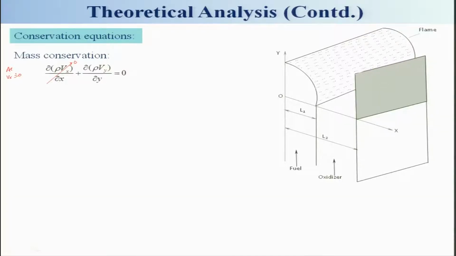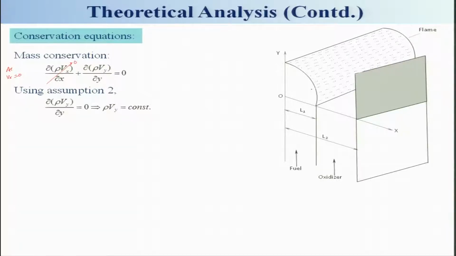With assumption 2 that you have done, if we integrate, ρVy is constant. That means Vy and the density will remain constant throughout this flame domain. That is the meaning of this.